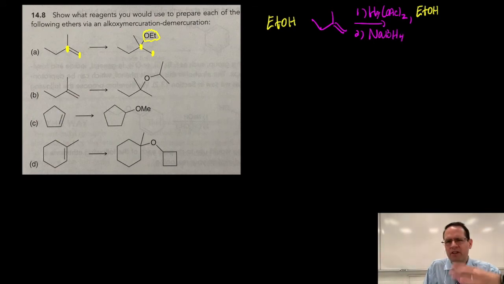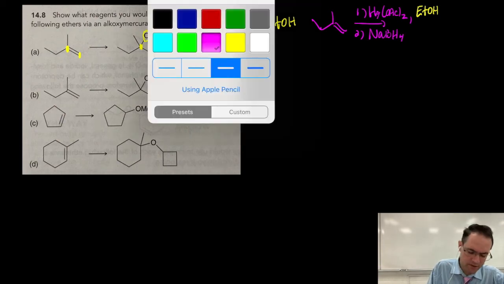I'll make it in yellow so it stands out. This is the key difference here. And then step 2, that's where you do the sodium borohydride. The use of mercury and the sodium borohydride, what it does and everything, is explained in section 9.5, but here I'm just focusing on filling in the correct reagents.